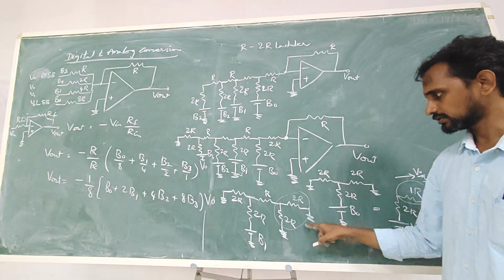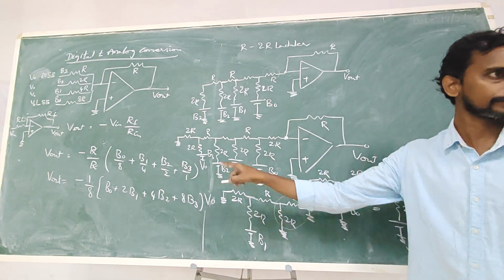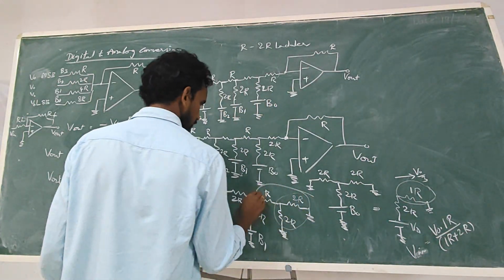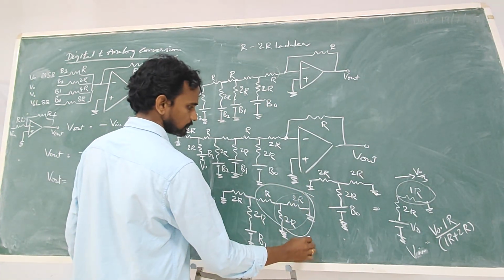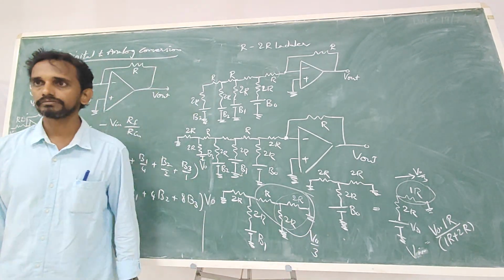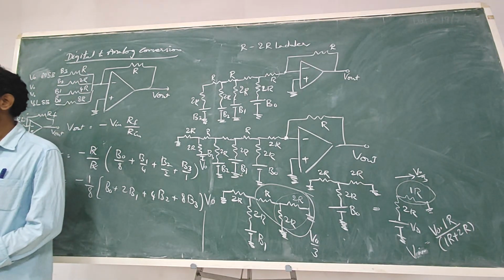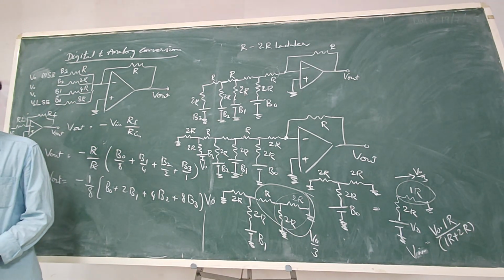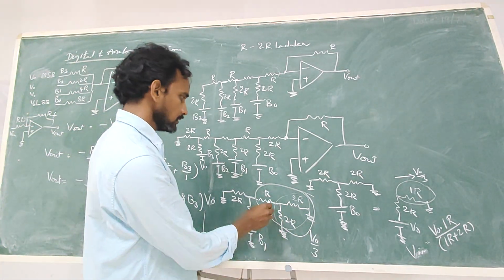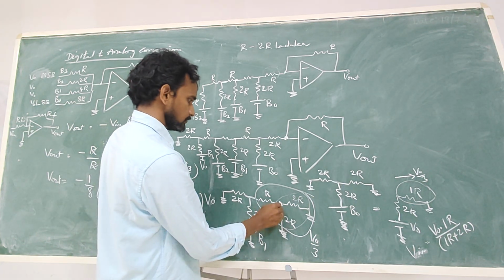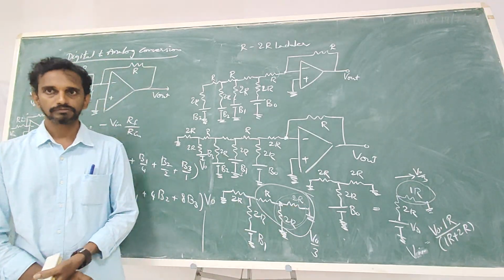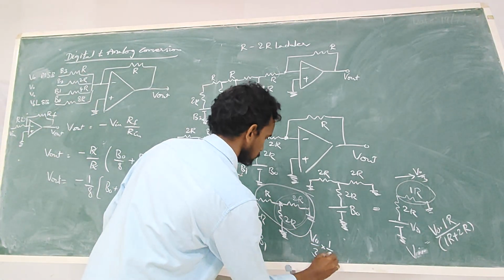This entire thing is 2R, and this is 2R. So the voltage drop in this entire branch is now V0 by 3. All we need is the voltage drop in half of this branch, that is the other half.